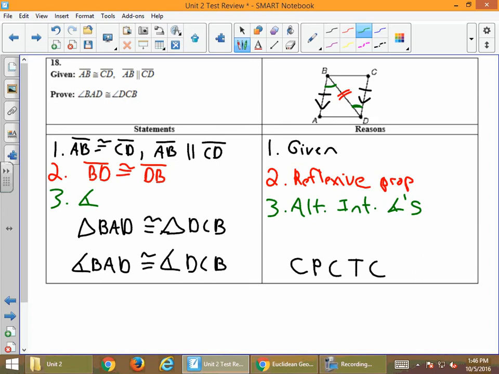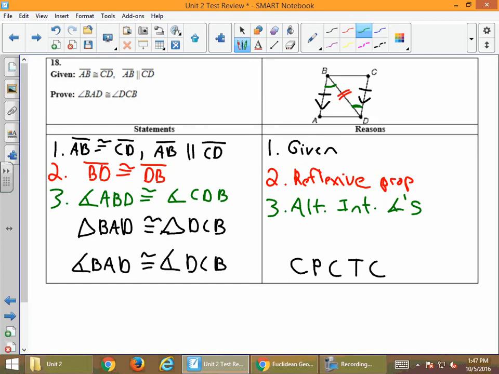Great way of naming the first one, Kanaja. ABD is congruent to, now, careful, order matters here, how it's oriented. CDB. I went from black to green to red, black to green to red. Yes, order matters. So angle CDB.